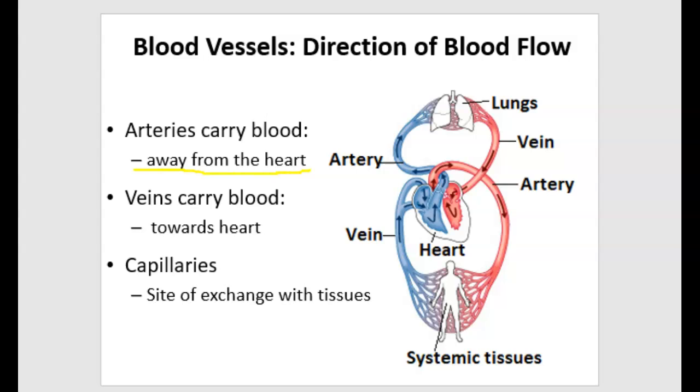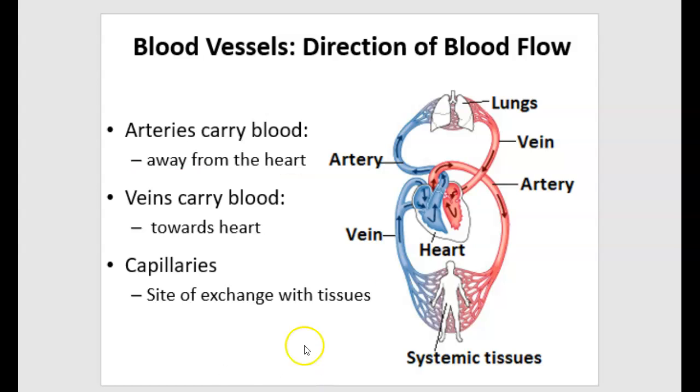Now, some of the blood that is carried away from the heart by arteries will instead go to the lungs. We call that the pulmonary circuit. And those arteries are carrying blood that needs to be oxygenated. So that blood will receive oxygen and expel or release carbon dioxide.